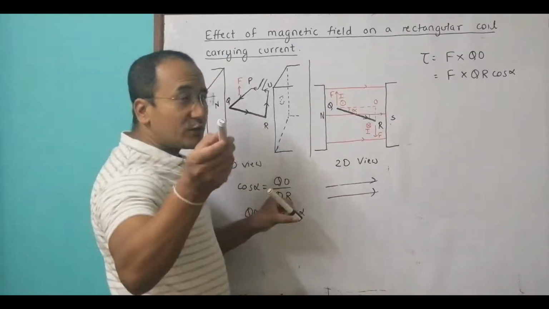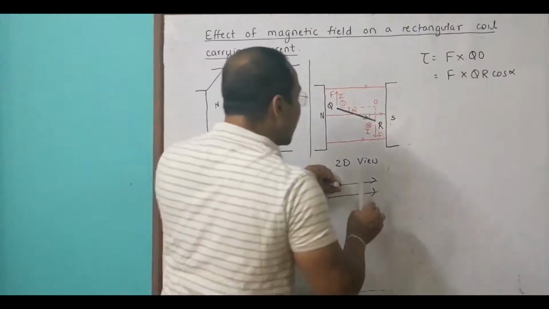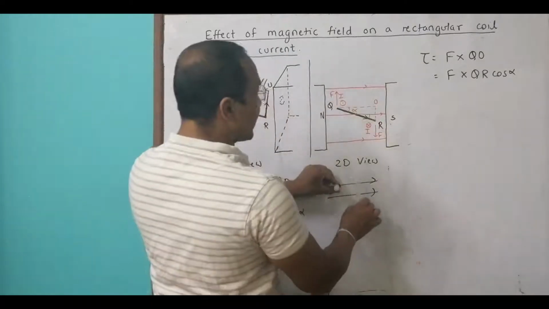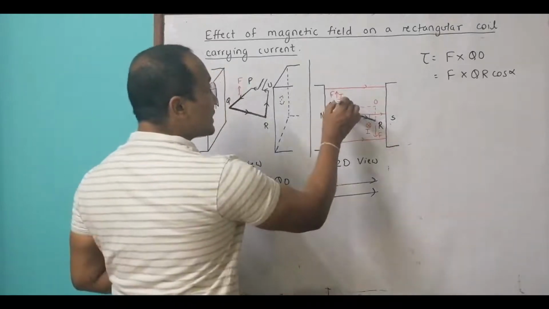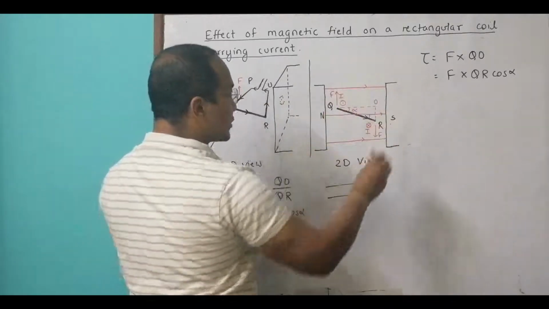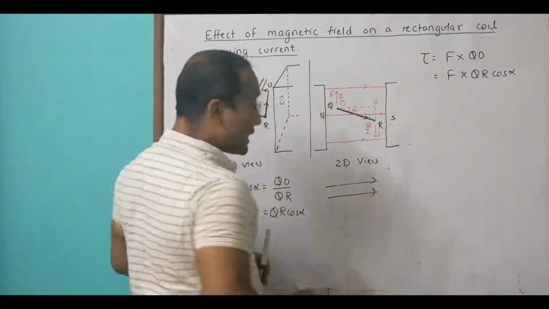It might be difficult to look from there, but from my side, this angle is 90. If I look from here also, this angle is 90. So PQ is like this, the field lines are like this, so this and this should be 90 degrees.